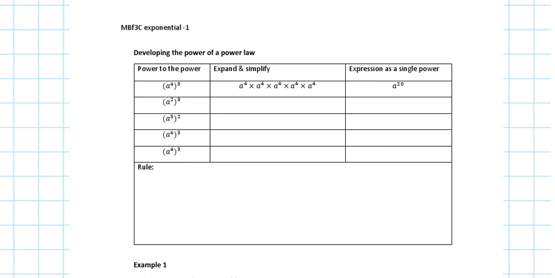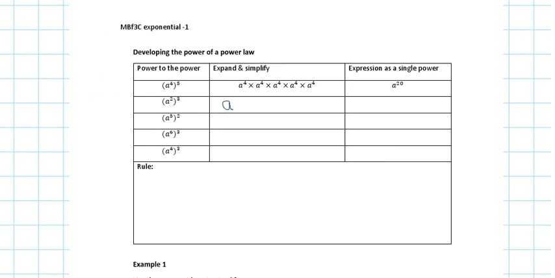So I have a to the power of 2 and then also to the power of 3. So I have a to the power of 2 times a to the power of 2 times a to the power of 2. So that's a to the power of 6. How would I write this as expanded form? A to the power of, which is?